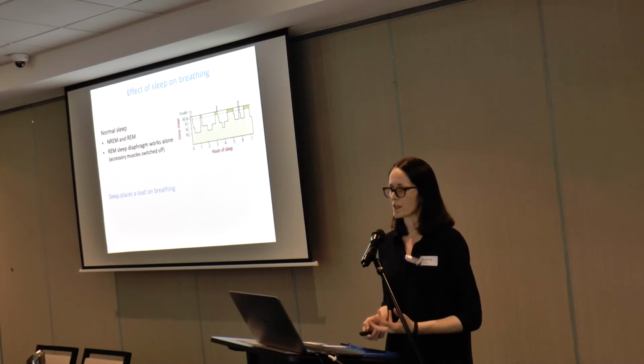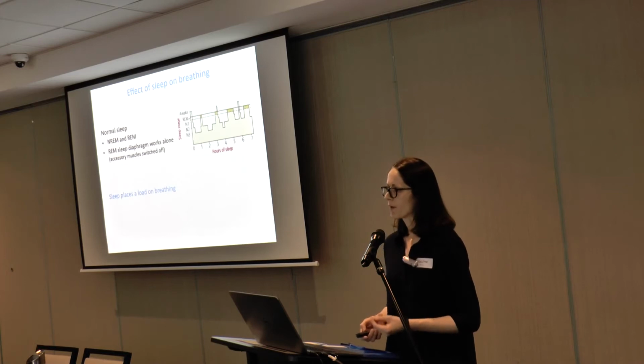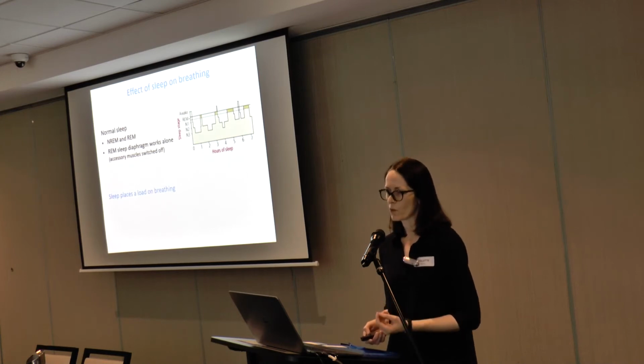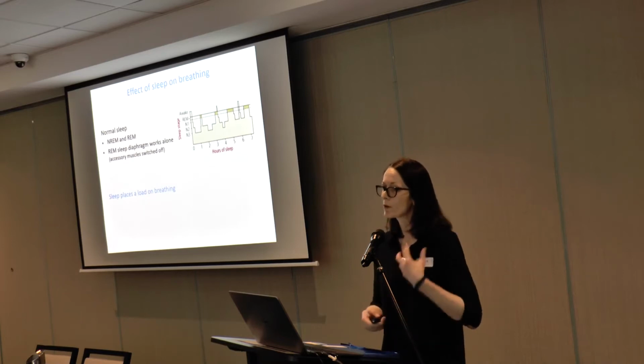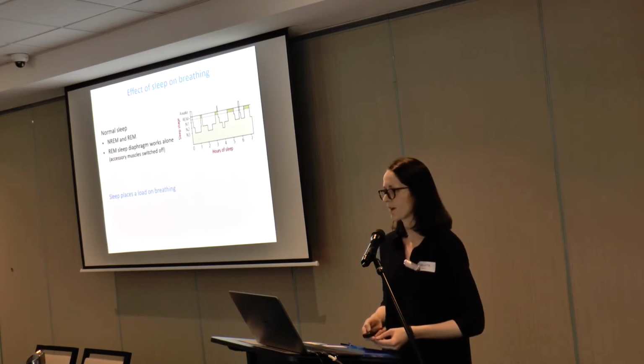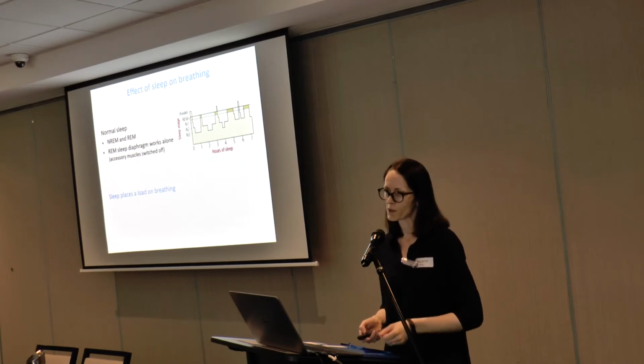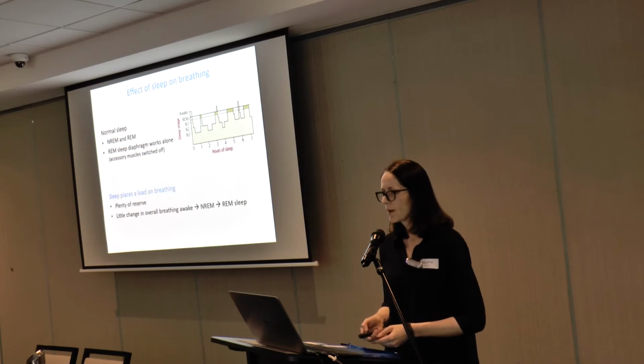Even though sleep is a state of rest, it places a load on our respiratory system. There's a number of changes that occur. Our drive to breathe changes, the depth of breathing changes, the muscles we can recruit changes. In REM sleep, you can't recruit those accessory muscles to help you breathe. Our upper airway is not as patent, and our arousal responses from sleep are dampened, particularly in REM sleep.